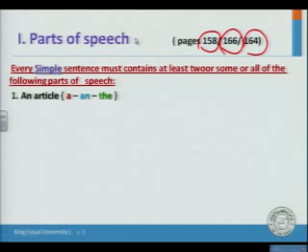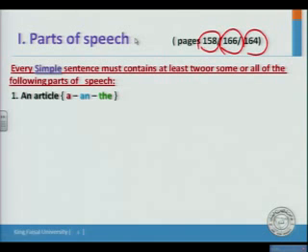A, as I explained before, maybe in lecture 3 or 2 or 4, I don't know exactly, is used before a singular noun that starts with a consonant, حروف ساكنة, نستخدم A مع الكلمات المفردة. And an is used before singular nouns that begin with vowels. And you know vowels: A, E, I, O, and U.